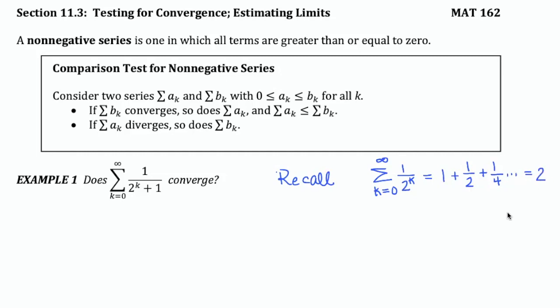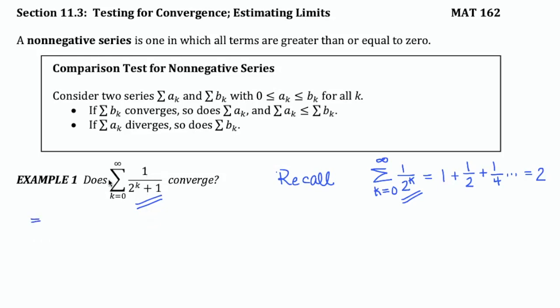And the reason, obviously, that I'm bringing this one up is the comparison test. You, again, compare one series that you know the behavior of with one that you don't. The first thing we need to determine is which of these series is actually the one with the larger terms. So you can take a look at a couple of the terms from each of these series.